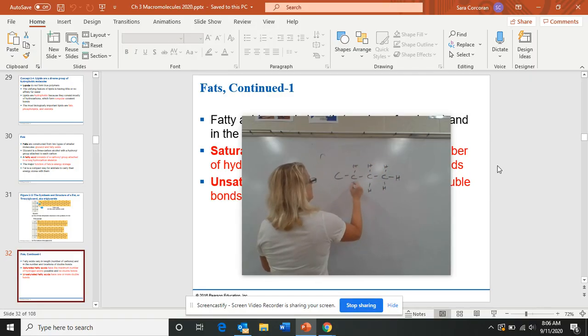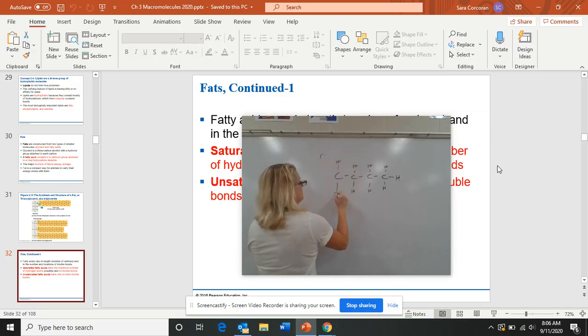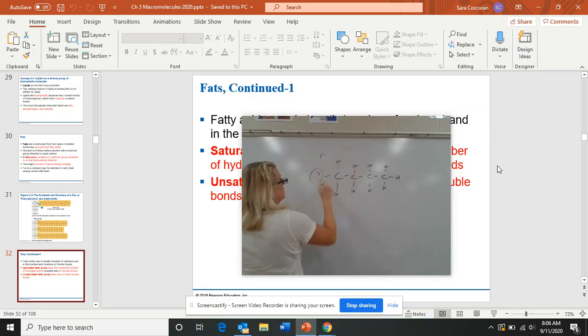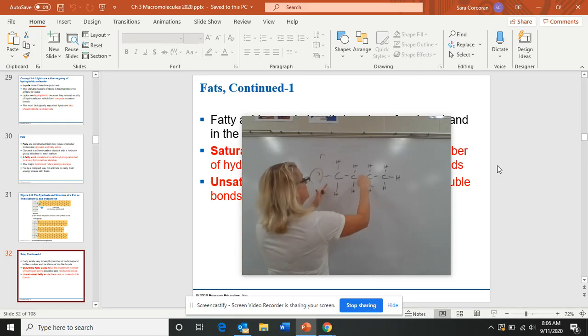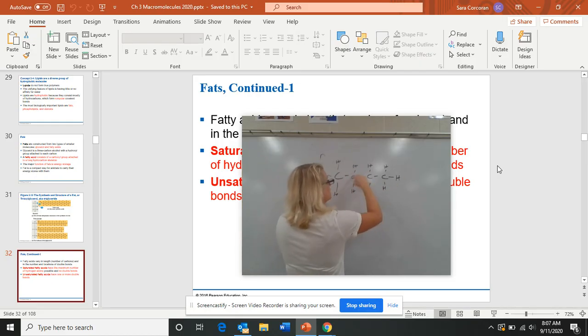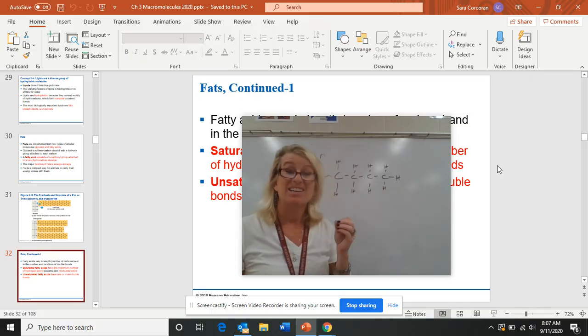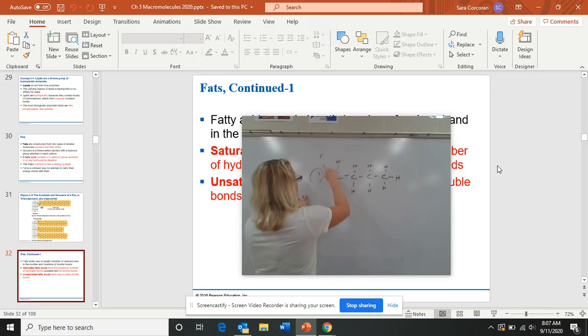So this is a hydrocarbon chain with the maximum number of hydrogens, and it's bonded to some molecule over here that we don't really care what it is. But this is your fatty acid. Every single possible spot that could be bonded with a hydrogen has a hydrogen on it. There are no double bonds. So this is saturated.